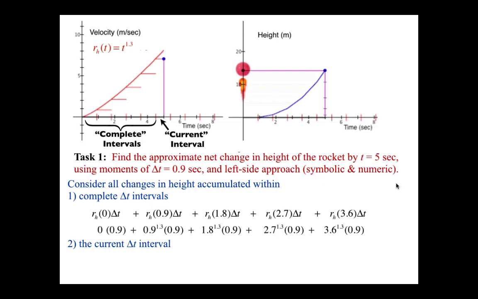Or we could write it using the t to the 1.3 power function rule and using the number 0.9, or some combination of those. If you had r sub h of 0.9 times 0.9 and r sub h of 1.8 times 0.9, that's fine also. But realize that these two rows say the same thing. They're each telling us to add together 5 full intervals worth of accumulation in height, although the first interval is going to be 0.